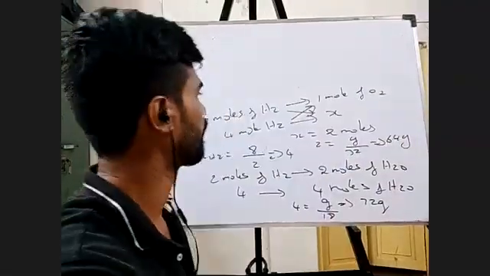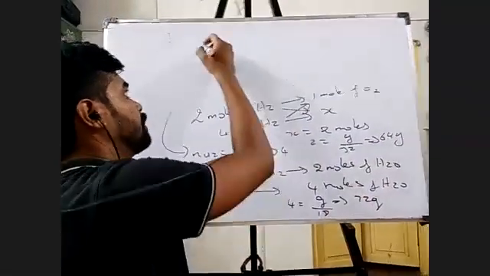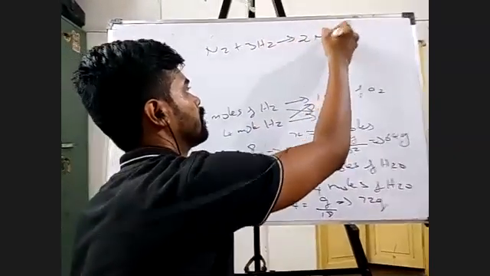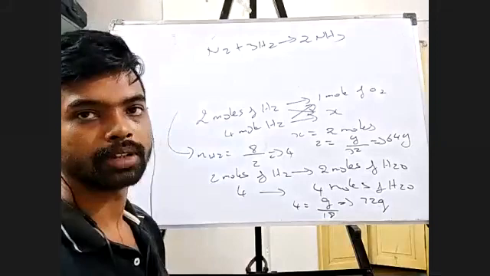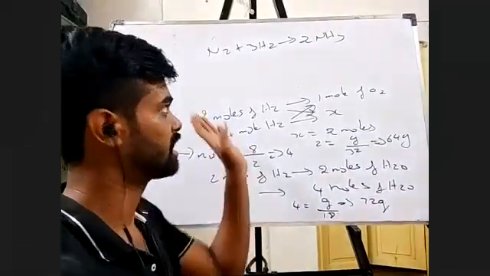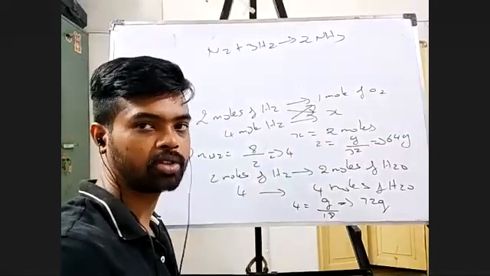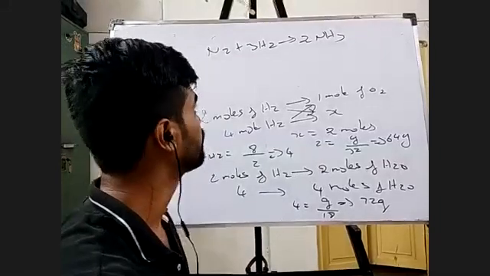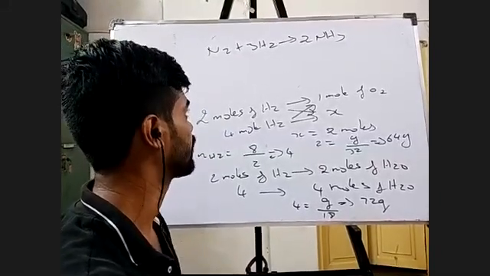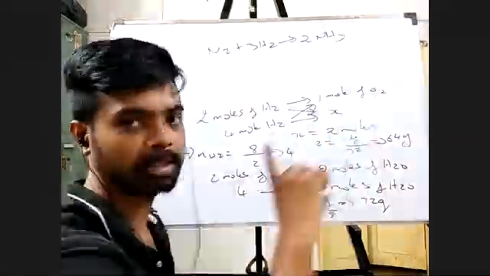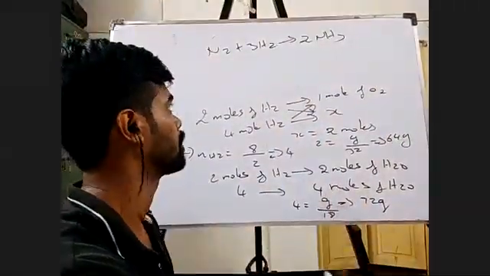Now let me take N2 plus 3H2 gives 2NH3. Now it's already balanced. I already gave you the balanced equation, so you don't have to balance. Now first we'll write the stoichiometric terms: how many moles of N2, how many moles of H2.